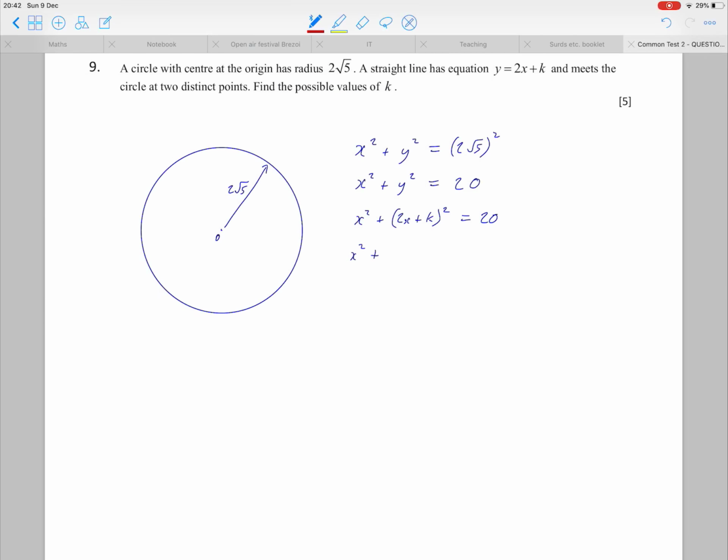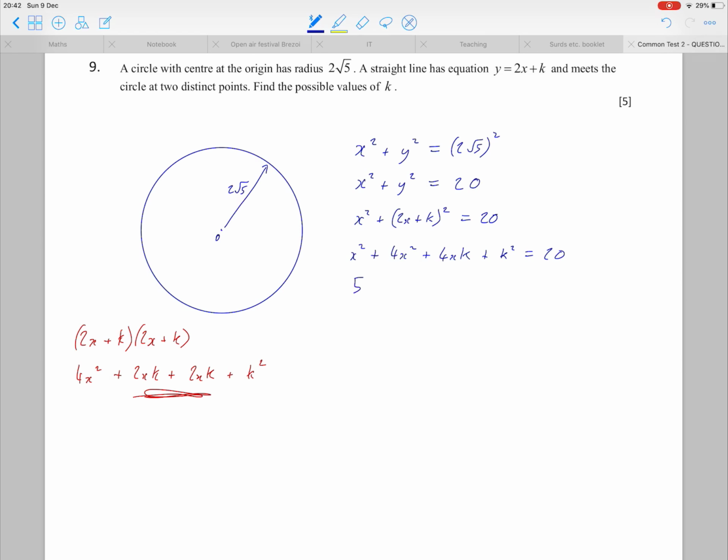Again, use my little tip of coming out the way and just doing any expansions out the way where they're not going to interfere with your main river of working. I'm going to combine those two into a single term, so let's come back over into the main river now. We've got 4x squared plus 4xk, that's my 2 combined terms, plus k squared equals 20.